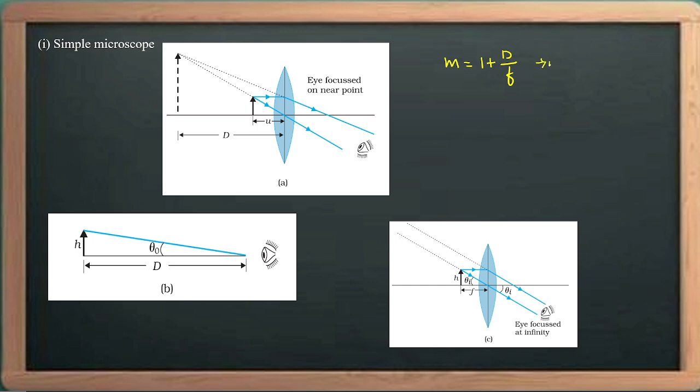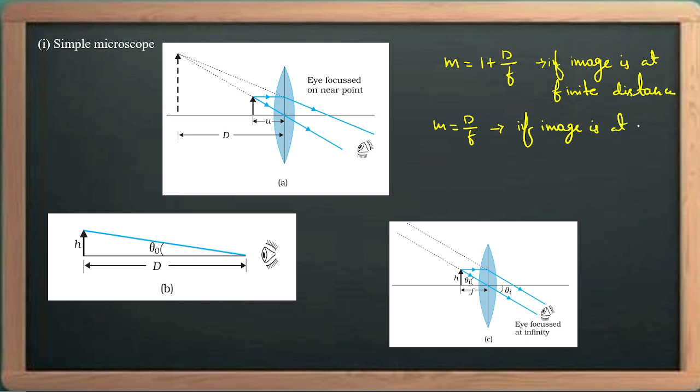This is the formula if the image is at finite distance. Then the second formula is M is equal to D divided by F if the image is at infinite distance. So these are the main two formulae for magnification of a simple microscope.